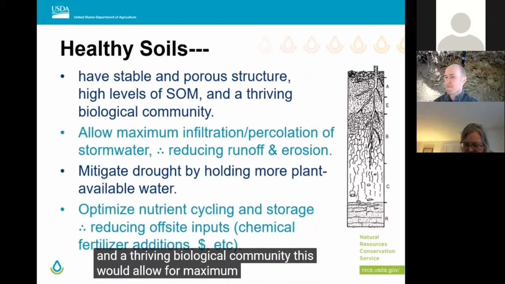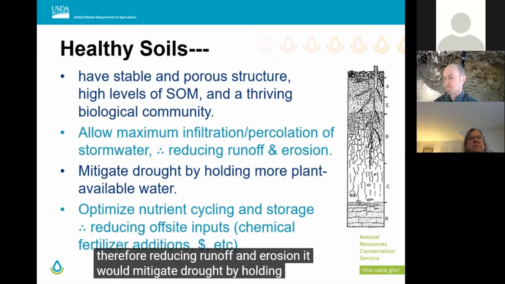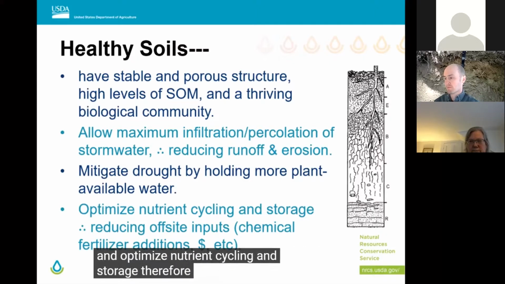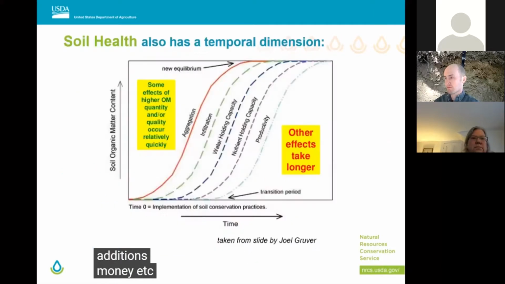This would allow for maximum infiltration and percolation of stormwater, therefore reducing runoff and erosion. It would mitigate drought by holding more plant available water, and optimize nutrient cycling and storage, therefore reducing offsite inputs like chemical fertilizer additions, money, etc.